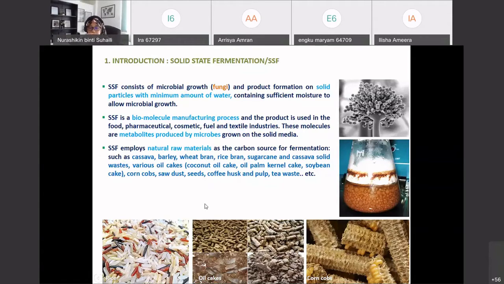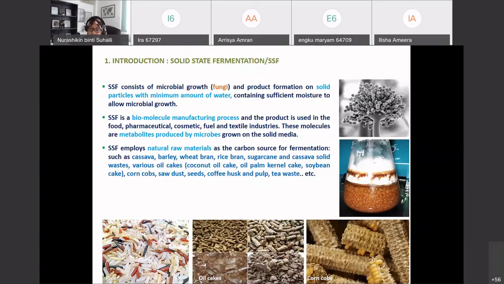And this is not the only material that is used for SSF. In the food industry, tempeh, what is the starting material of tempeh? Does anyone know how to make tempeh? Soy, yes, correct. Soybean is the starting material because soybean has starch, it has carbohydrates.